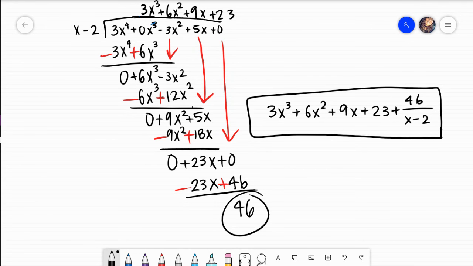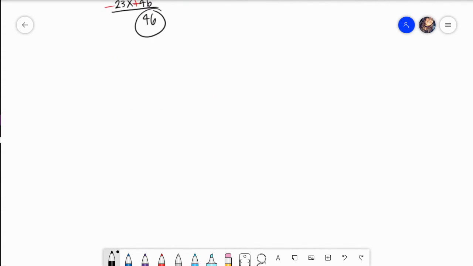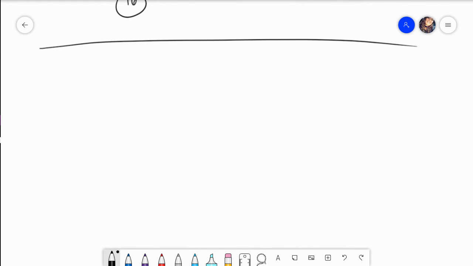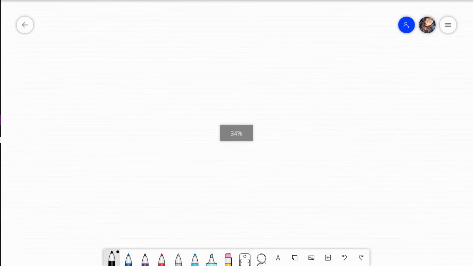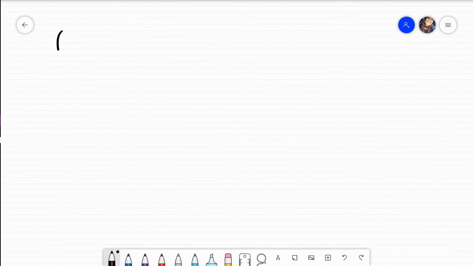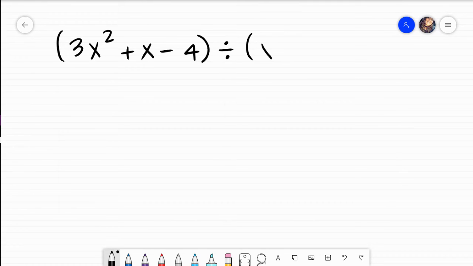Okay, so I'm going to do one more. Say we have, it asked me to, let me zoom in. There we go. It asked me to divide 3x squared plus x minus 4, they have it in parentheses, and they have the division symbol right here, and I'm dividing that by x minus 1.